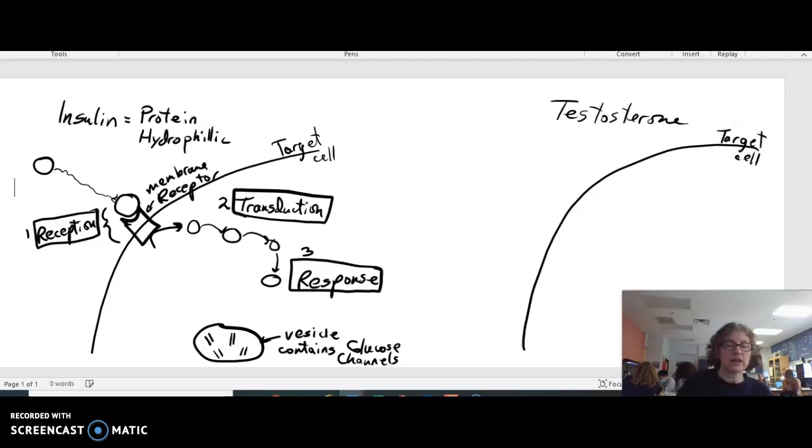And what happens is the response influences these vesicles to go over to the cell membrane and place those channels in the membrane. So it's kind of like putting doorways for glucose into the cell membrane, right? The response places glucose channels into the cell membrane.